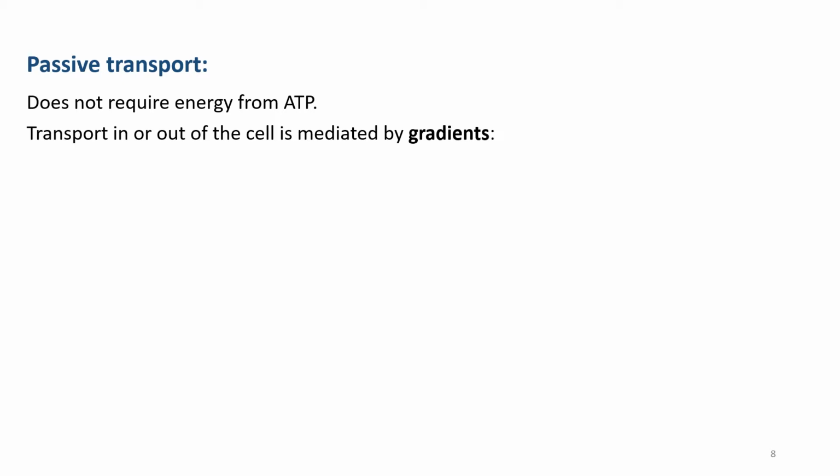What does happen is that transport, whether it be ions or other molecules, in and out of the cell is mediated by gradients. If you remember, we mentioned an electrochemical gradient before when we were talking about the protons in the intermembrane space.